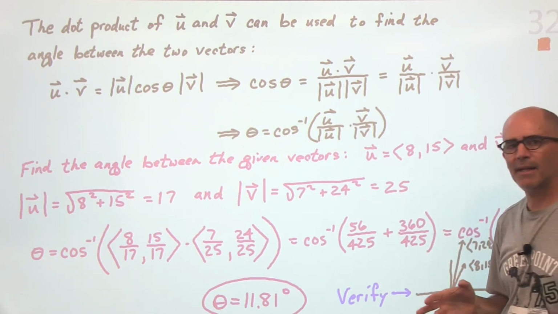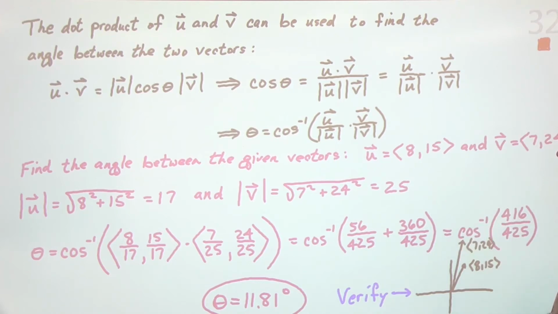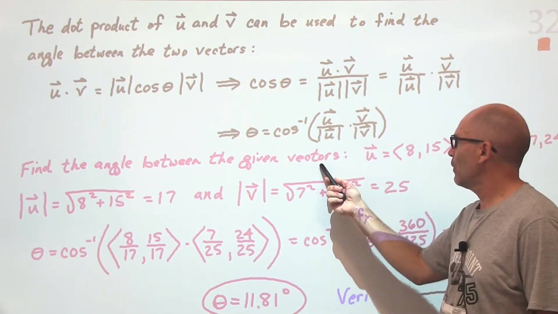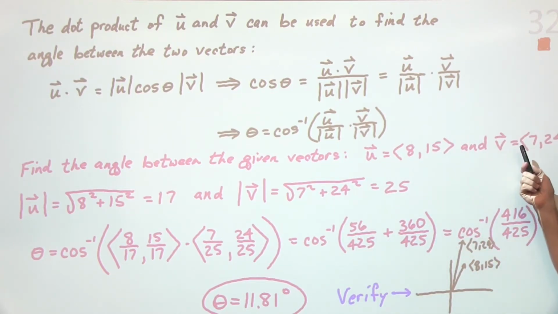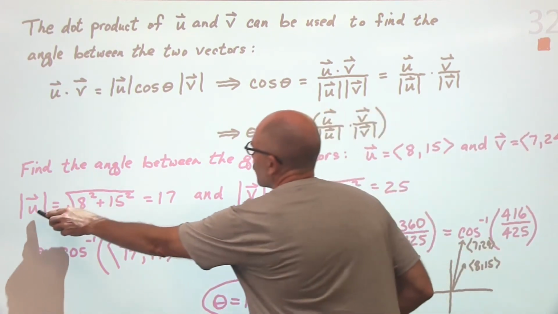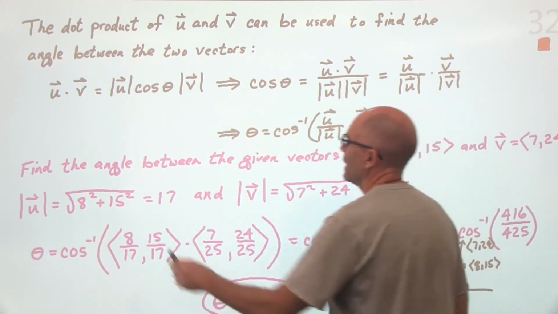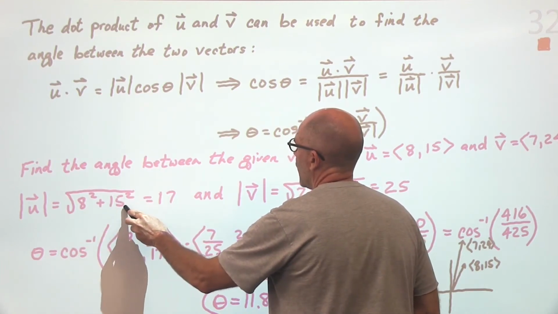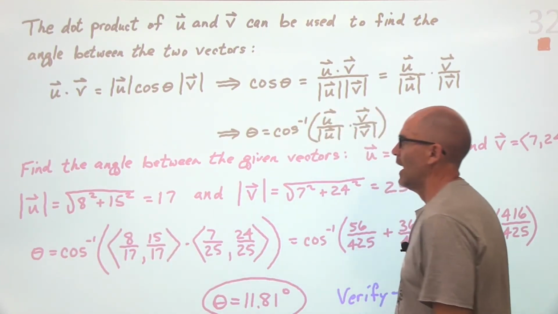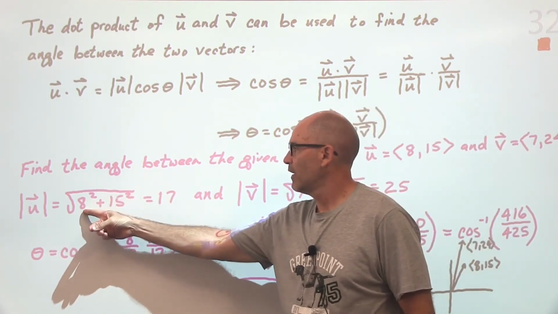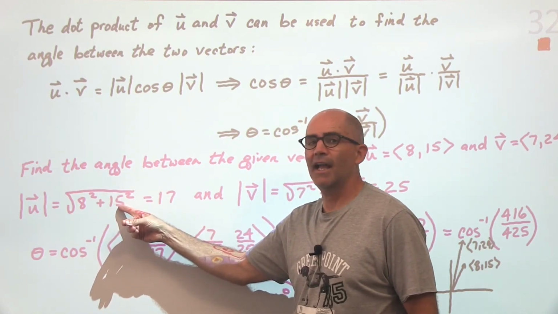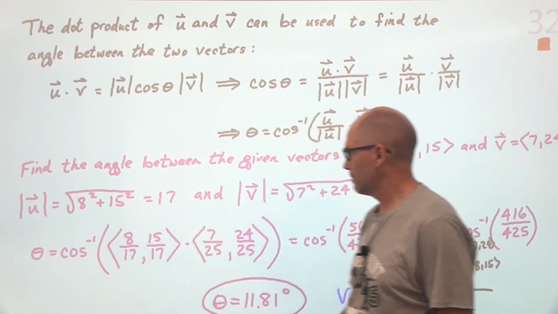All right, so let's try an example problem to demonstrate that. We want to find the angle between vector U, which is 8, 15, and vector V, which is 7, 24. For vector U, the magnitude is: square the x, square the y, add them up, take the square root. 8 squared is 64, 15 squared is 225, 64 plus 225 is 289, and the square root of 289 is 17.